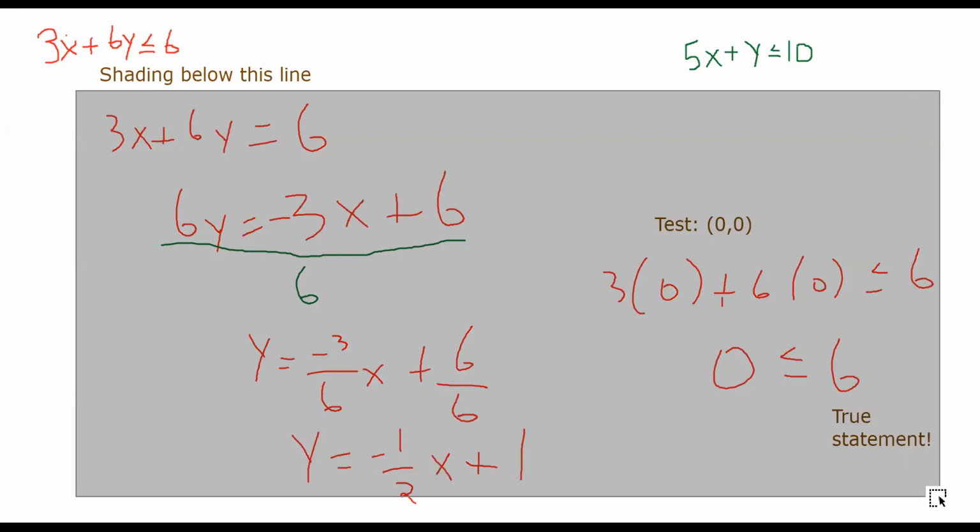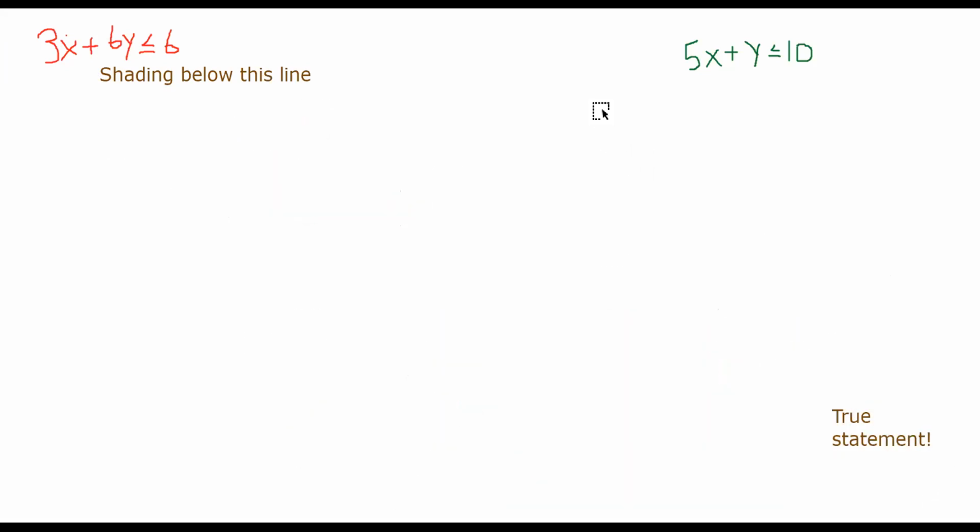So now it's a system of linear inequalities, meaning that I graph everything in the system on the same graph. So now I'm going to graph this, 5x plus y less than or equal to 10. First you pretend it's the equation, 5x plus y equals 10.